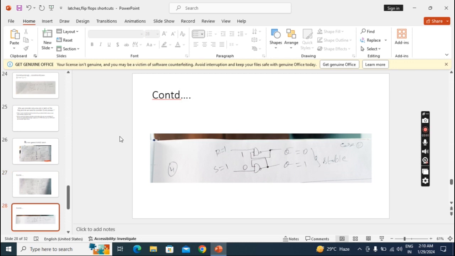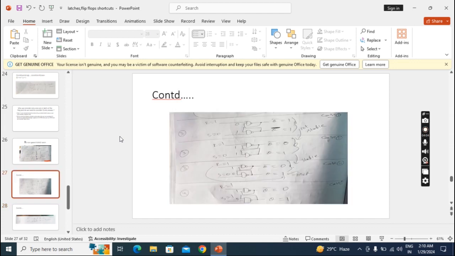So this is the explanation about SR and RS. Before seeing this lecture, you have to see the first lecture, SR non-gated NAND latch. Then only you can understand this properly.